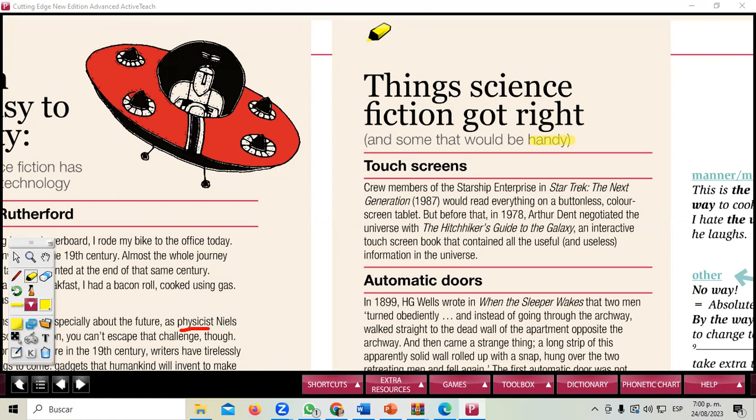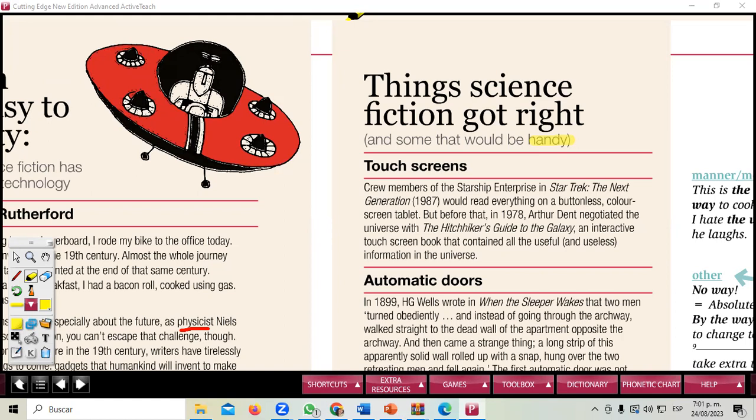No, tablet. Tablet. But before that, in 1978, Arthur Dent navigated the universe with The Hitchhiker's Guide to the Galaxy, an interactive touchscreen book that contained all the useful and useless information in the universe.